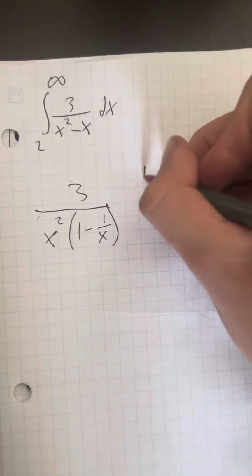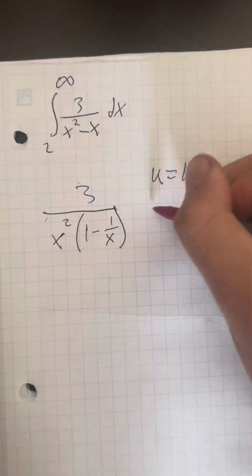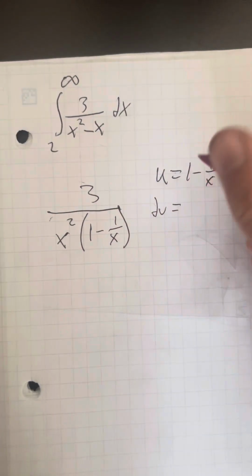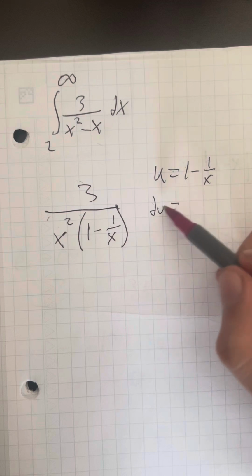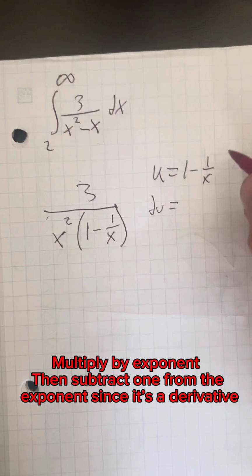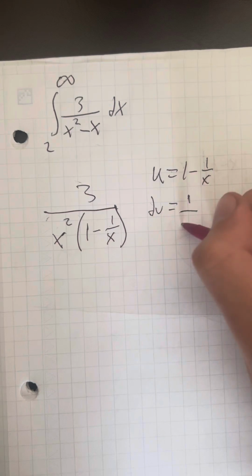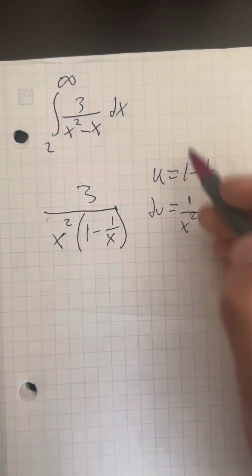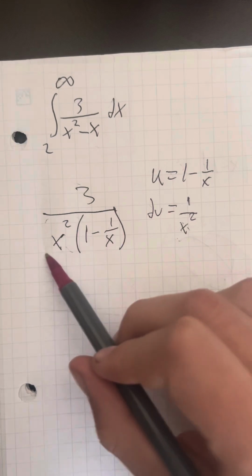In this situation, u would be 1 minus 1 over x, while du would be, this one doesn't matter for du, so 1 over x, add 1 to the exponent, divide by the new exponent, 1 over x squared. Oh, would you look at that? 1 over x squared. That's what we have here.